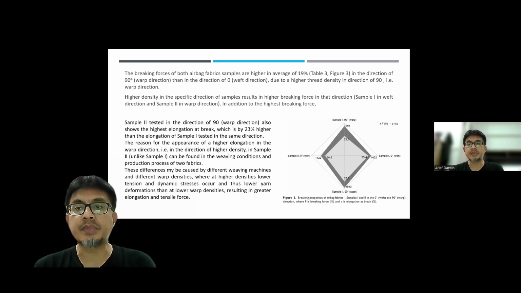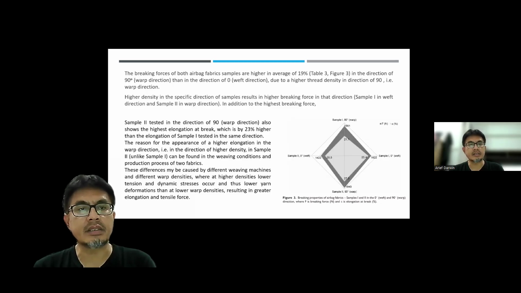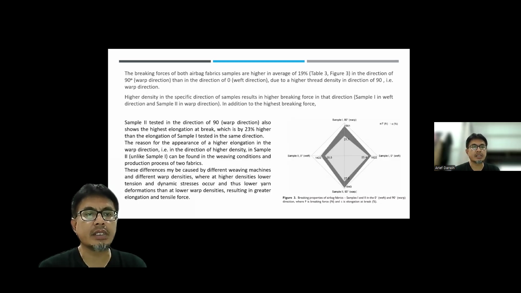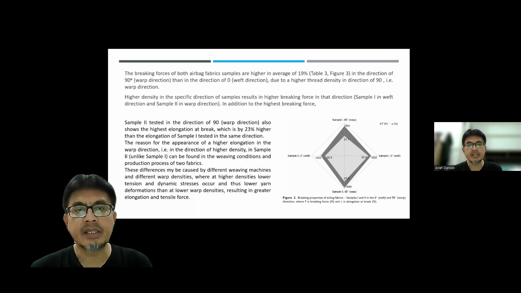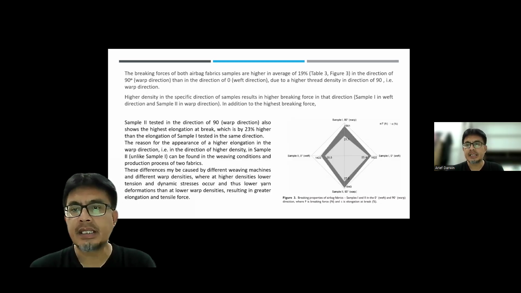In addition to the highest breaking force, sample 2 tested in the direction of 90 degrees to the warp direction also shows the highest elongation at break, which is 23% higher than the elongation of sample 1 tested in the same direction.